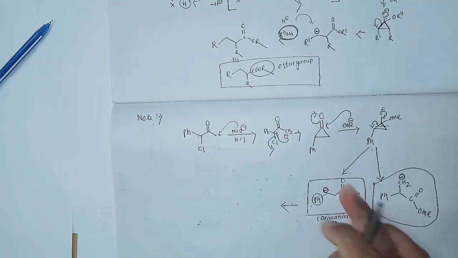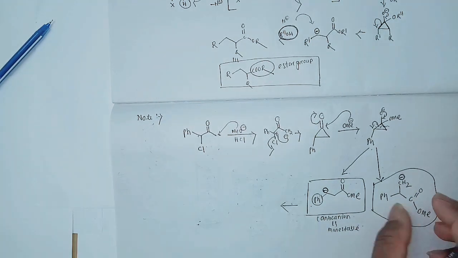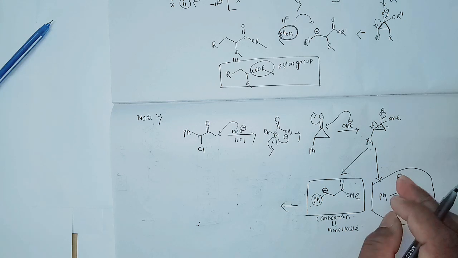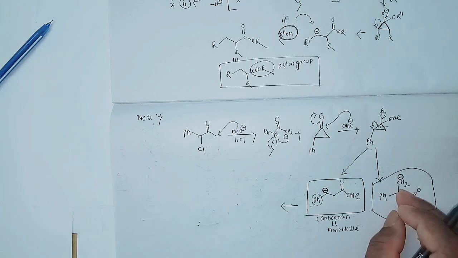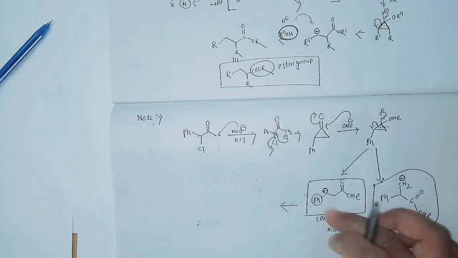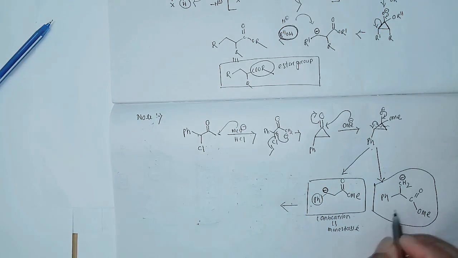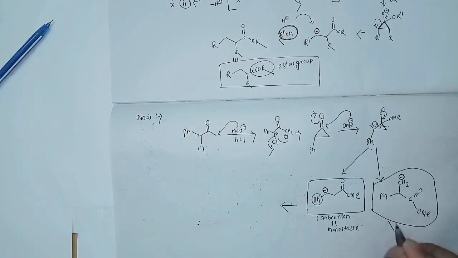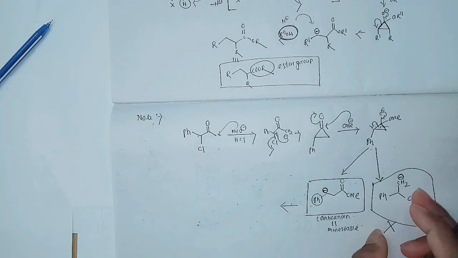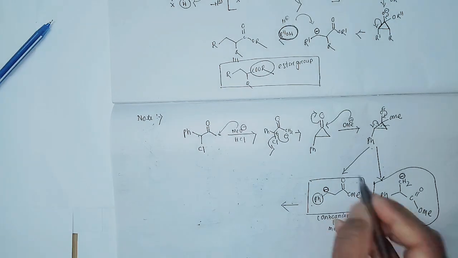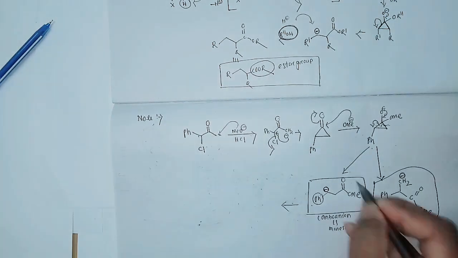So this is the major product, but this negative charge will be less stable as compared to this one. So this is not favorable for product formation. Okay, so this is the favorable structure.